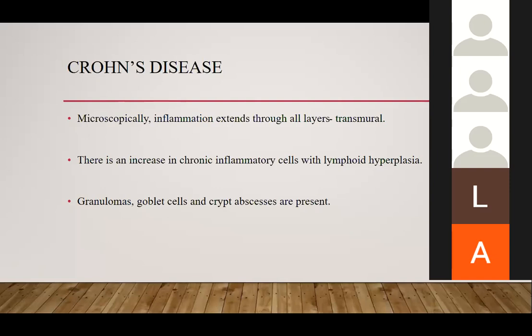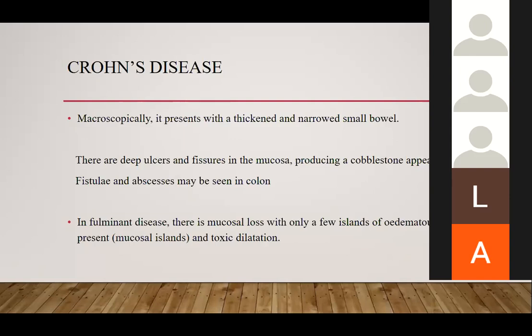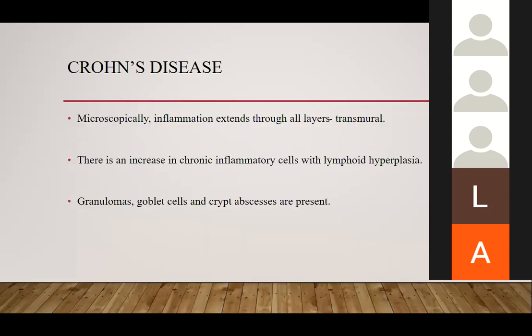So as you can see, we've talked about this here. Microscopically, you can find that with Crohn's disease, the lesions extend to all the layers, so we say it's transmural. Because there's an exaggerated inflammatory response in a chronic condition, you see a lot of chronic inflammatory cells, and the lymphoid tissues become a bit bigger.